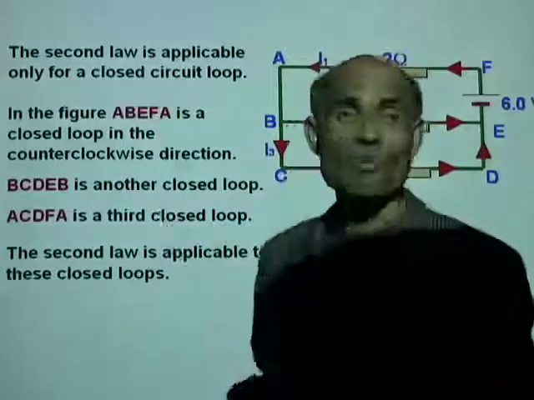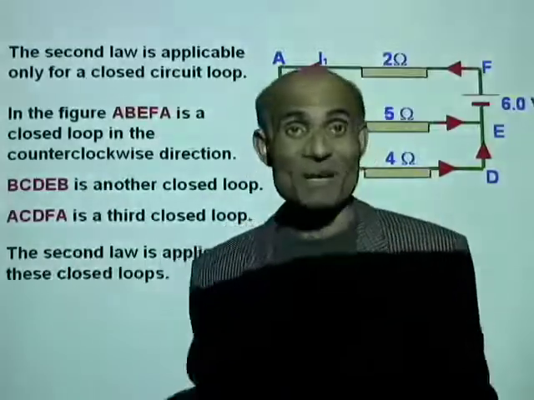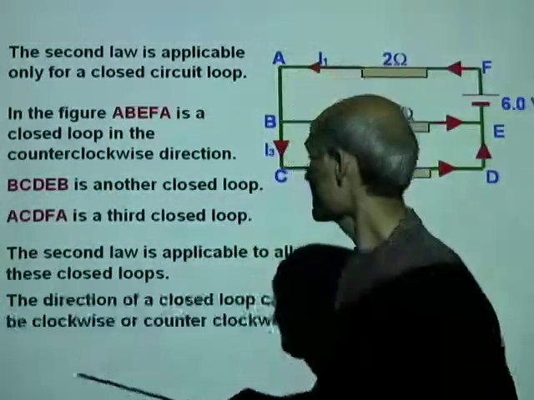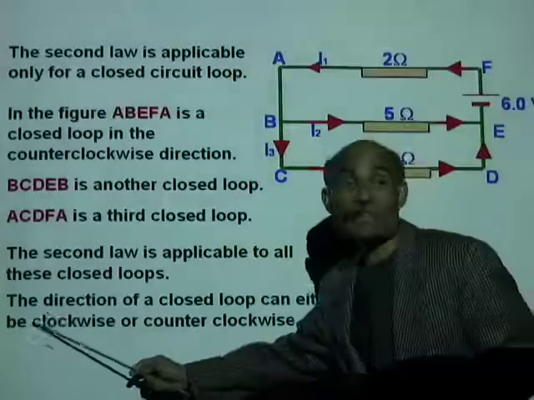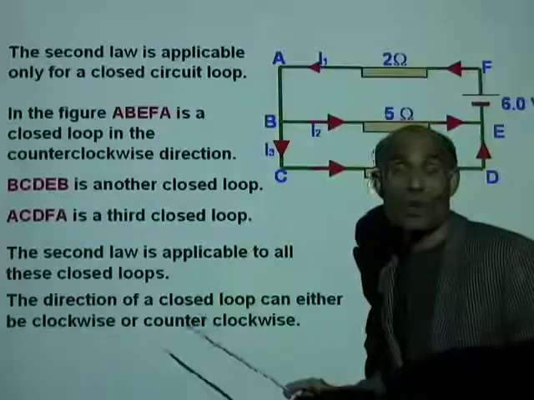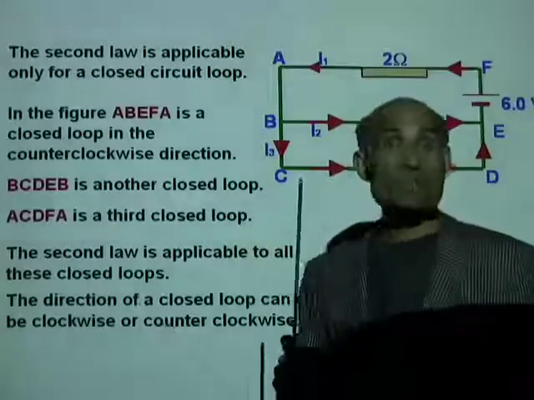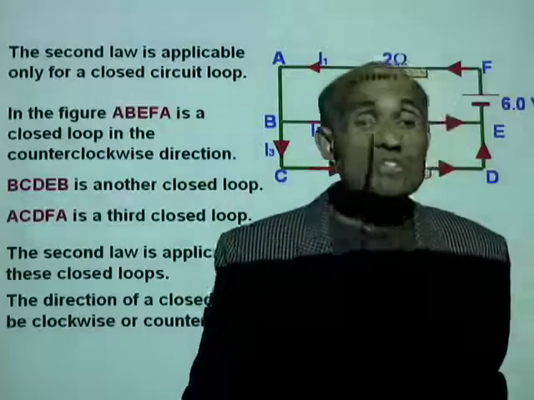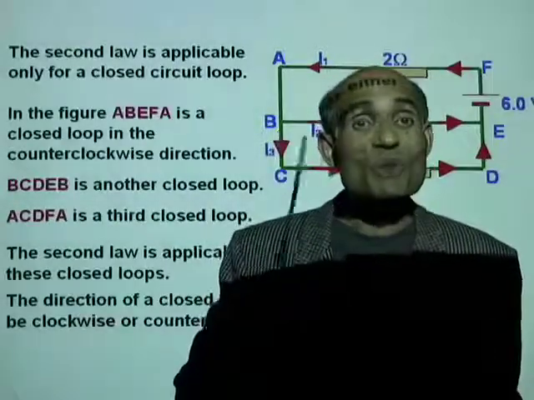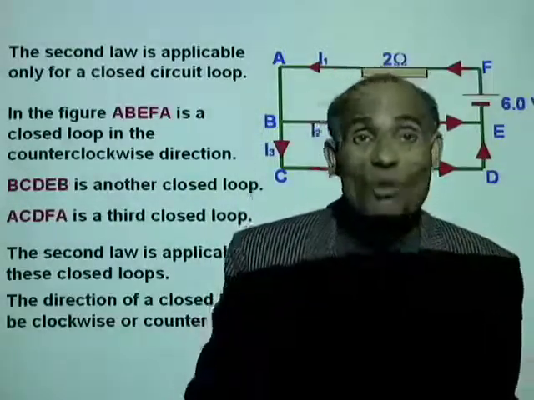In the next lesson, I will do that. The direction of a closed loop can either be clockwise or counterclockwise. So when you name a loop, it is important to identify whether it is a counterclockwise loop or a clockwise loop.